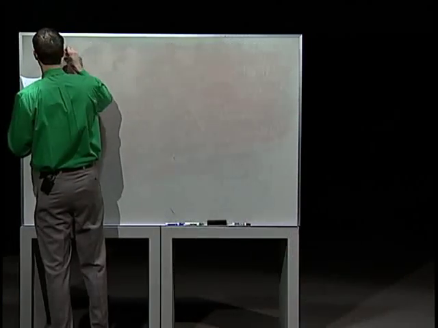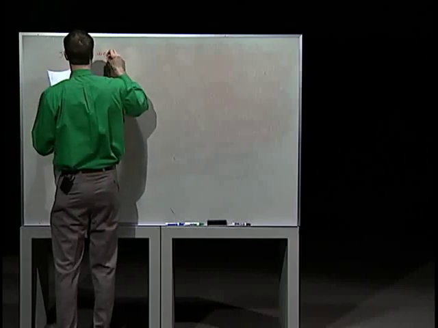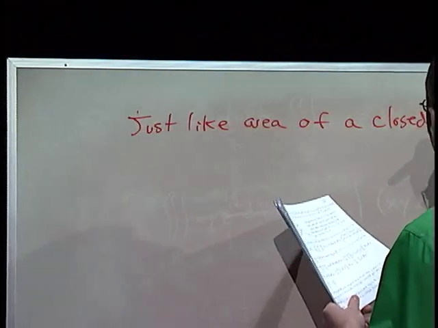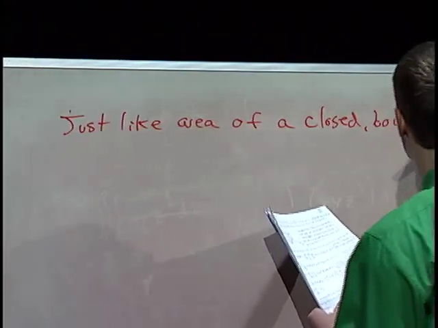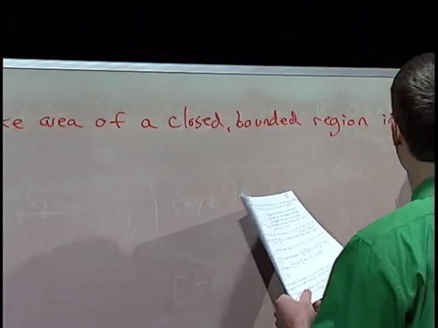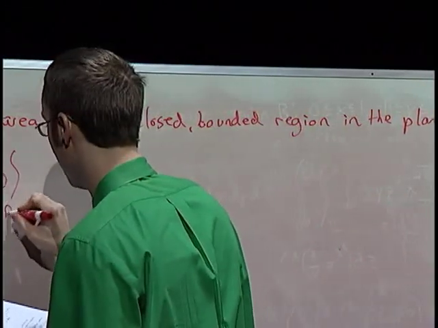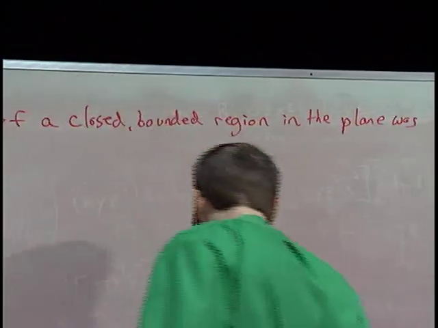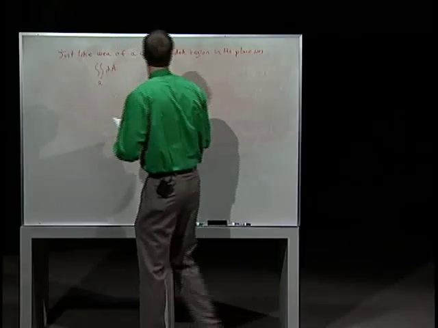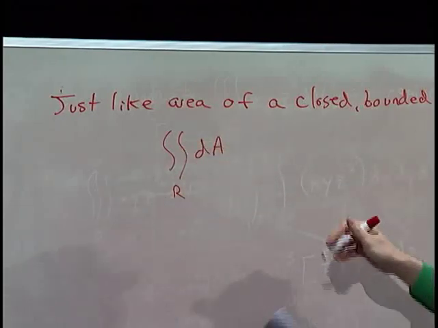So just like the area of a closed bounded region in the plane was the double integral over the region R of dA, we just integrated the function 1 over the region in the plane.